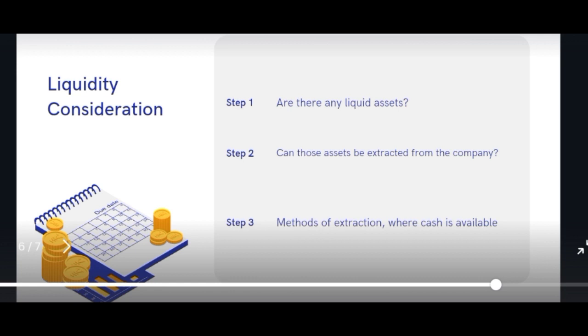Step 2, can those assets be extracted from the company? Step 2 ay kung kaya ba nating mapapayag yung mga shareholders ng company na gamitin ang ating mga assets. Step 3 is if meron ba tayong i-extract? Meron ba tayong ganitong assets? Meron ba tayong gagamitin pambayad or gagamitin pang production?